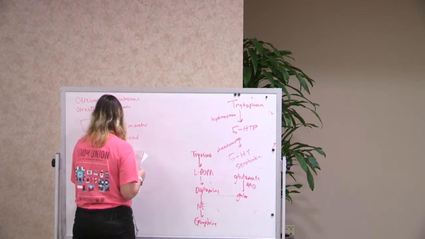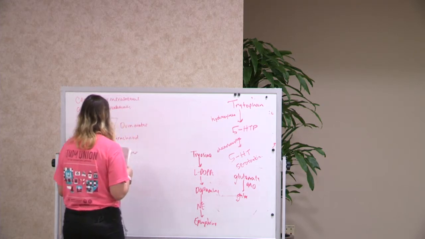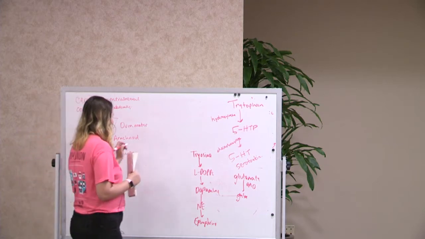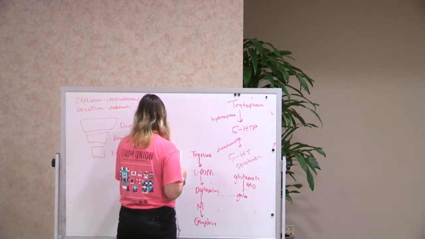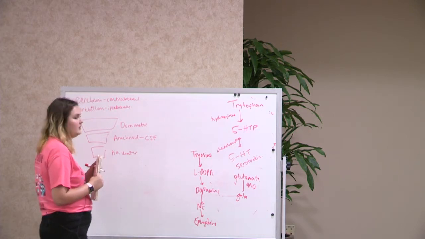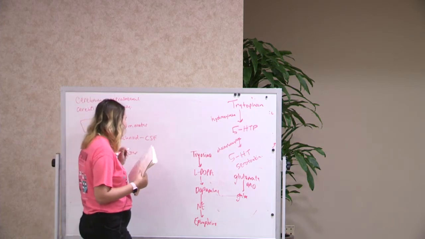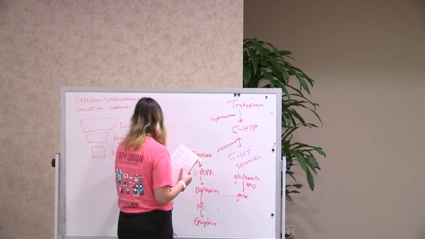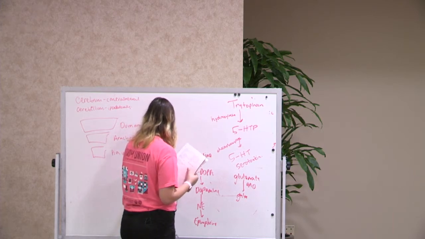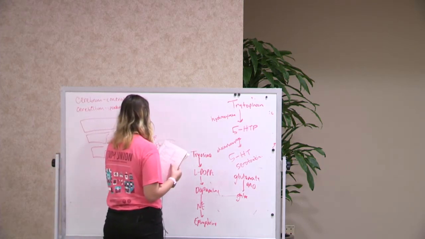And then your innermost is your pia mater. What's special about the arachnoid is where you have your CSF, which is your cerebral spinal fluid, and that is basically the juice that your brain sits in. And then what secretes the CSF is your choroid plexus. So I would definitely know that one.